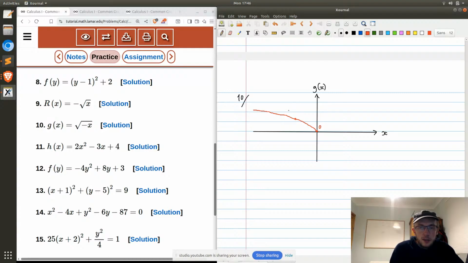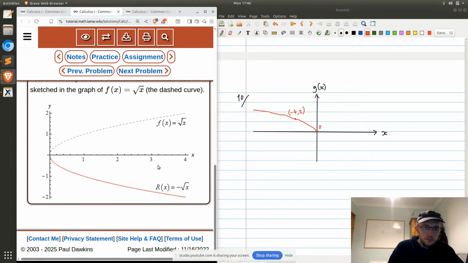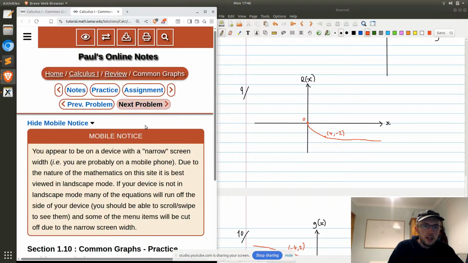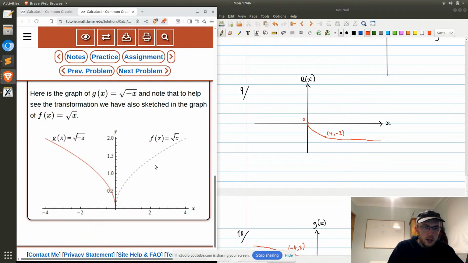As for a typical point, let's say, no, let's say negative 4, 2. All right, we'll check 9 and 10. Okay, that's valid. That's correct. And that's correct.